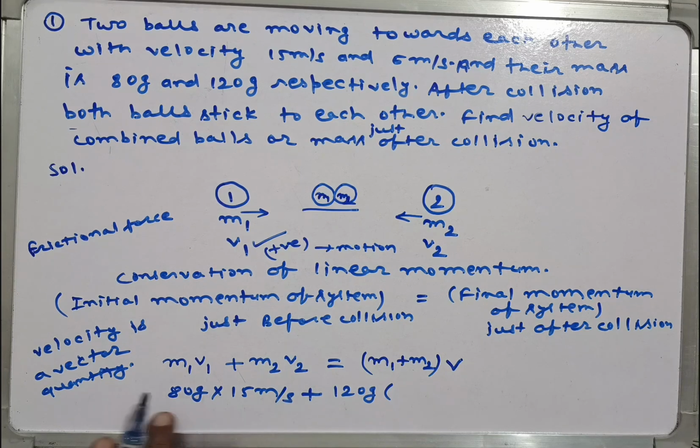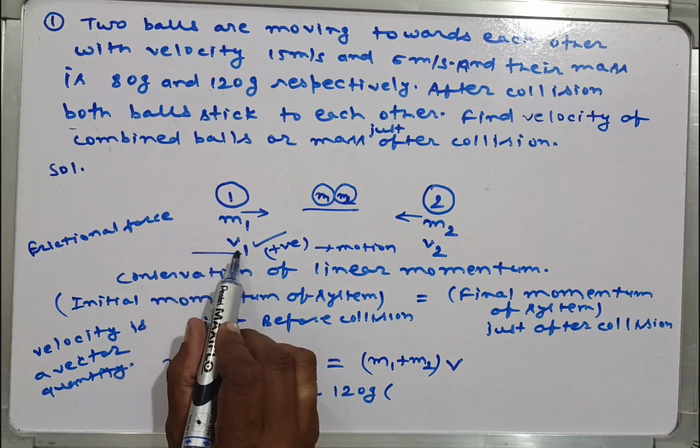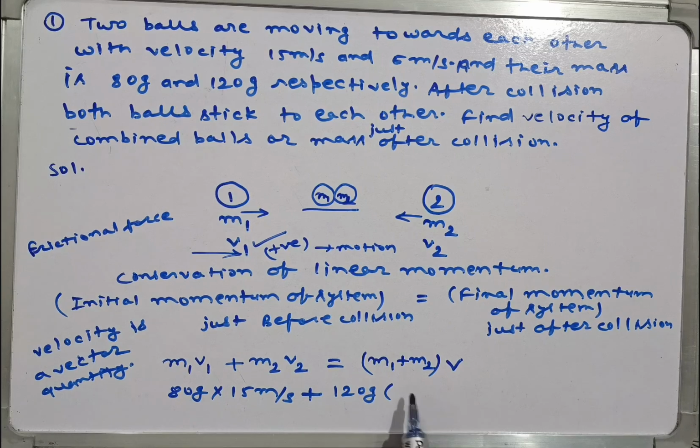So in this case, if this direction velocity is positive, then the velocity in the opposite direction is negative. So we put here minus 5 meter per second, and the whole mass of the system is 80 plus 120 gram into v.